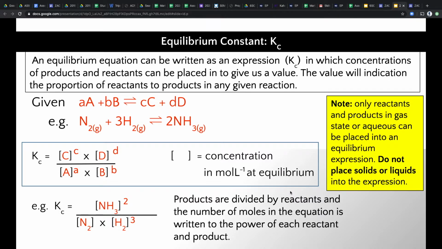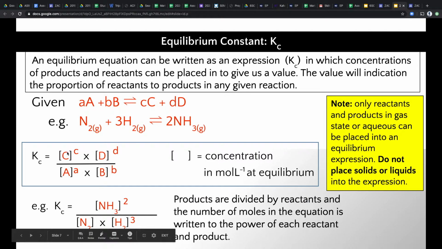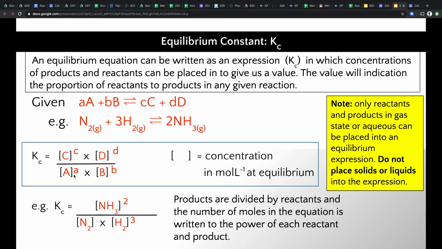Just writing on the board here, products over reactants for our Kc expression. So once again, that's our ratio, right? And more specifically, in the general sense, we see it's a ratio of our products C and D in this example over our reactant concentrations A and B. And remember, if there are any stoichiometric coefficients, we make sure we put the concentrations of our products and reactants to the power of that coefficient.